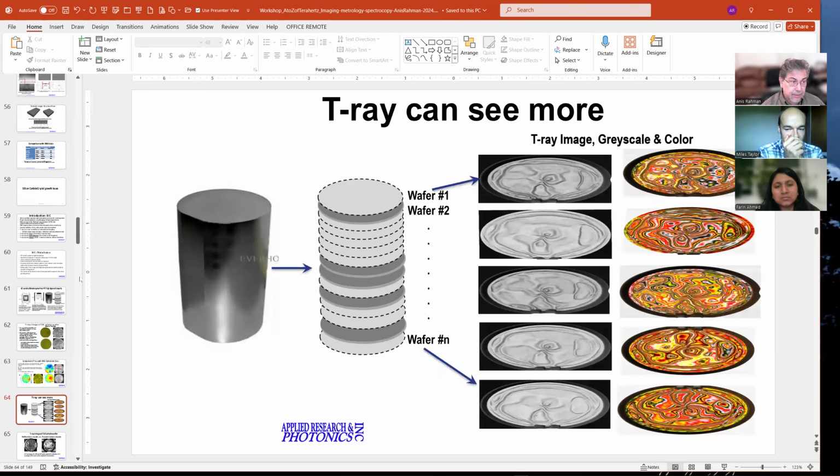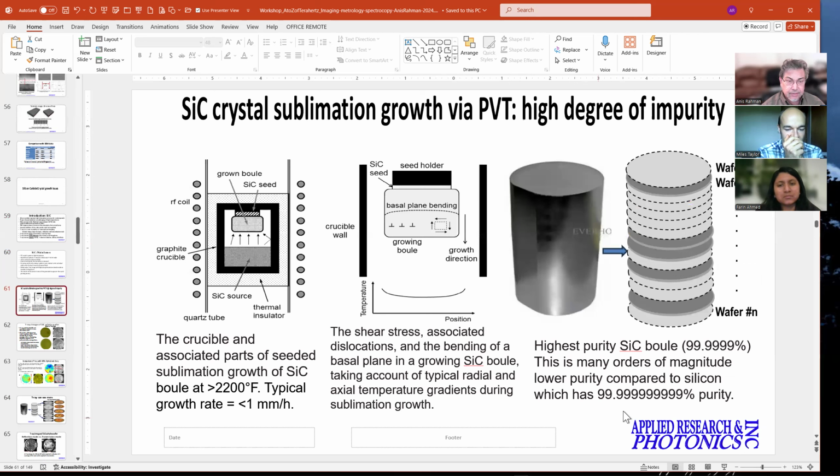as I will show here, this is the physical vapor transport process. I have borrowed these pictures from somewhere. I should have a reference here. I forgot that. But as you can see, they take the silicon carbide source, which is powder carbon and powder silicon, and they sublime them, and there is a seed crystal over here, and then the silicon and carbon go and form a single crystal on that seed crystal.